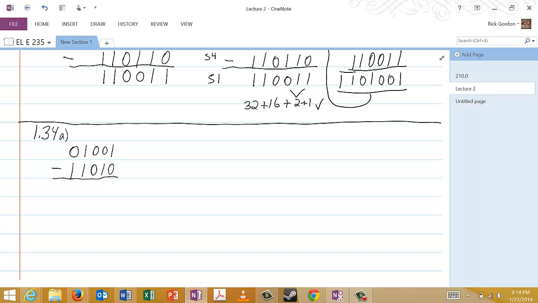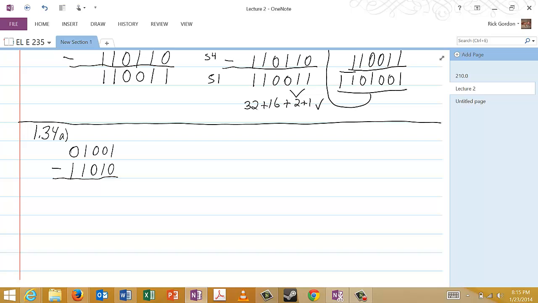Now, what does that mean? All the numbers that we've been dealing with so far have been positive numbers, and so what do they mean when they talk about negative numbers? Well, the first thing we have to understand is that when we start talking about 2's complement, if we say that a number is represented as 2's complement, or some people would say a signed binary number, that means that the first bit in the number tells you about the sign of the number.